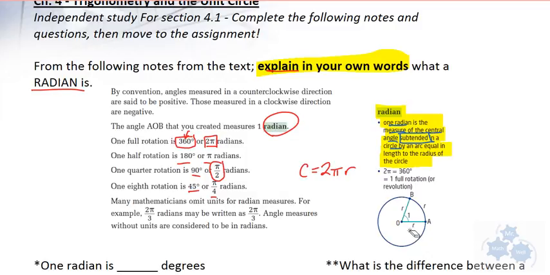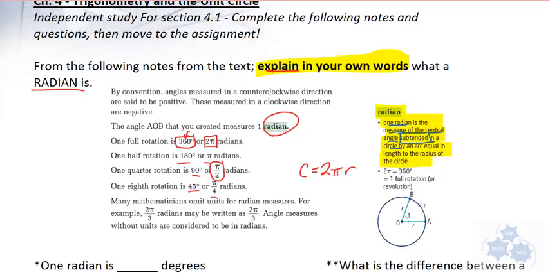Another way to say that, you might want to say 1 radian is the angle that is created by 2 arms extending from the center of a circle, or by 2 arms of the angle, that cuts the circle in such a way that the arc here is the same length as the radius.